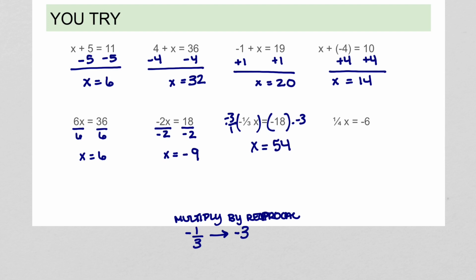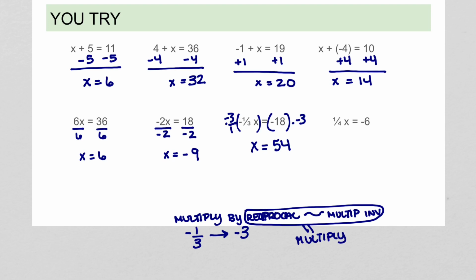And then let's do the same thing with the next one. What is the multiplicative inverse, or basically the reciprocal, of 1/4? Let's take a minute to look at that. What is the relationship between the reciprocal and the multiplicative inverse? Well, the multiplicative inverse and the reciprocal both multiply to 1, right?